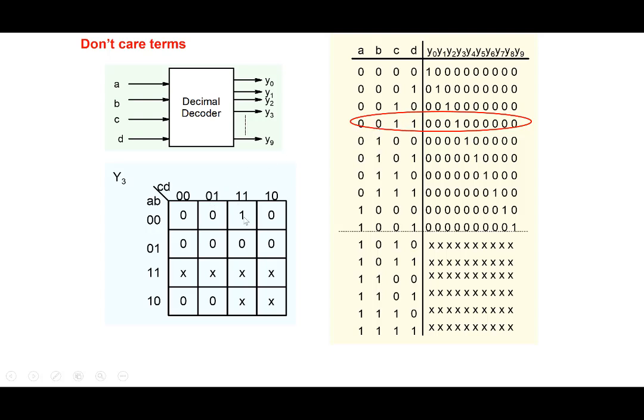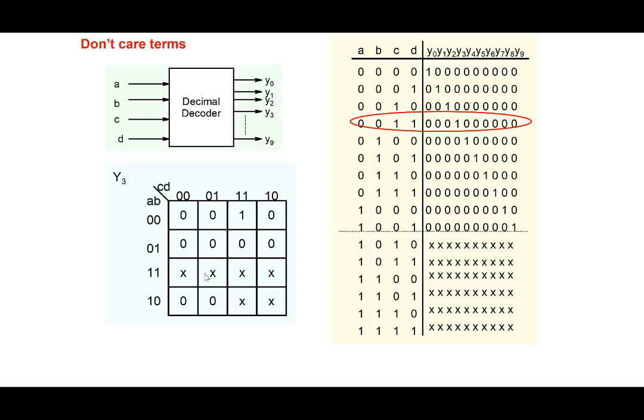So only then y3 is 1. For all other combinations of A, B, C, D up to 9, it is 0. Beyond that 9, when it is 10 and 11 and 12 and all that, it is all X, don't care here. Okay. So that's the nature of the function here.